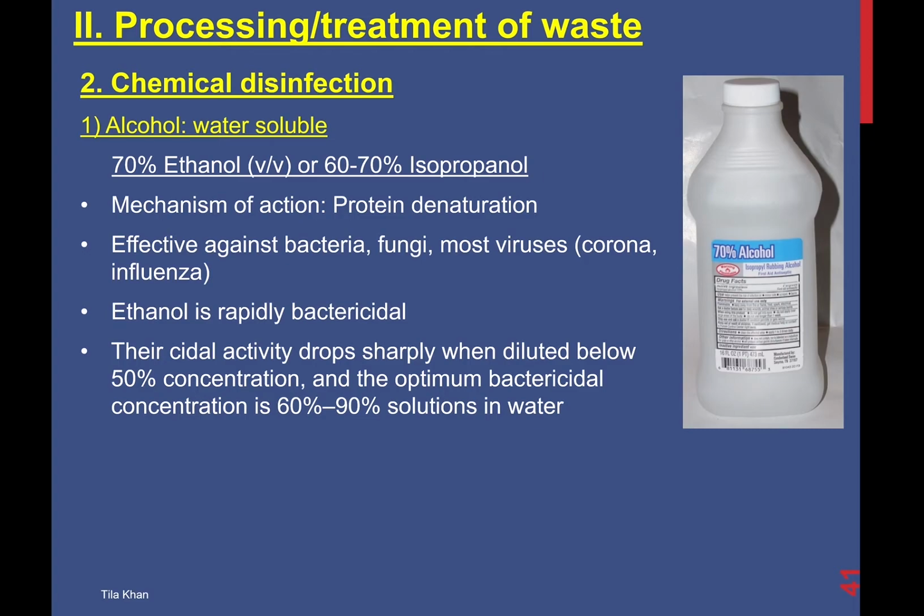Ethanol is rapidly bactericidal. It is not static. It kills the bacteria, and its cidal activity drops sharply when it is diluted below 50% concentration. So optimum dilution is required for bactericidal activity.